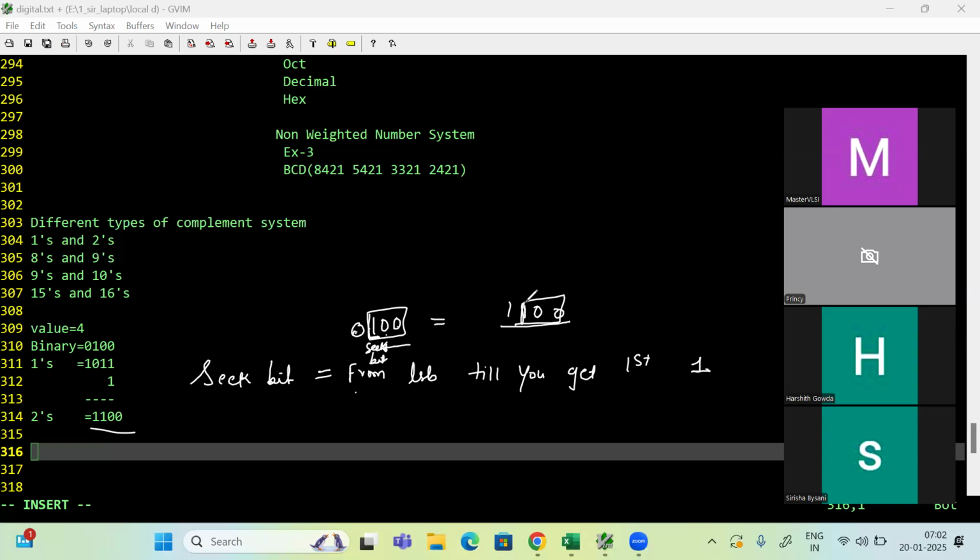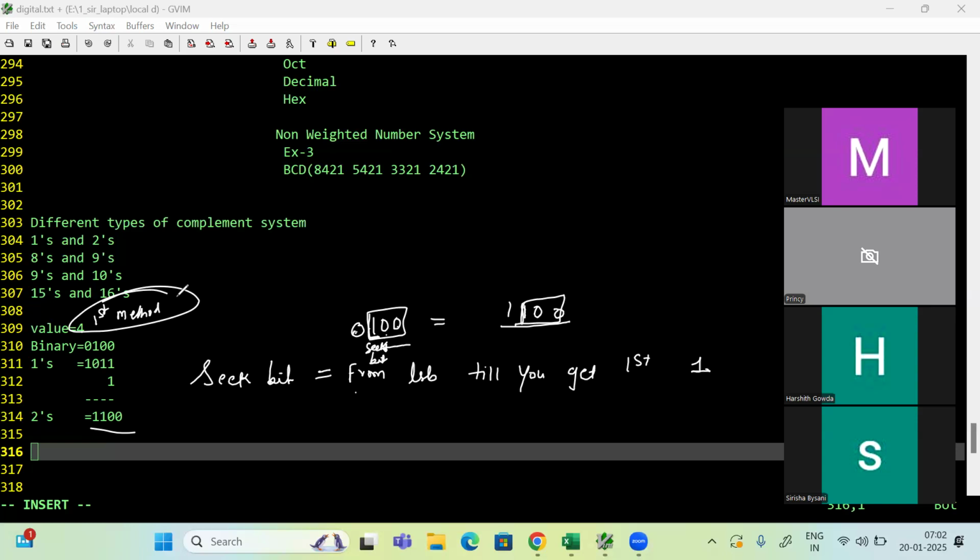Got it? Now I'll give you a few numbers, and you need to do the one's and two's complement. For two's complement, what is the first method? Take a value, inverse, plus 1, and you get the two's complement.